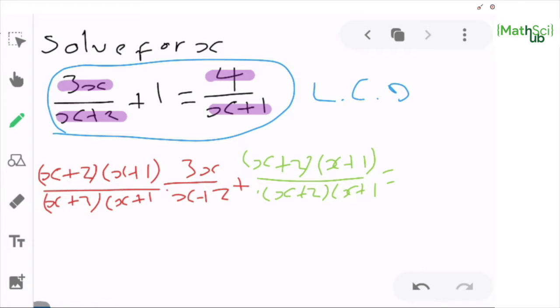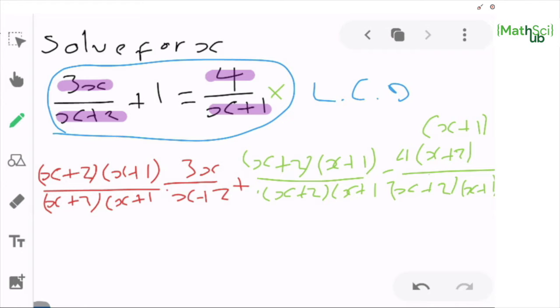Meaning we are going to multiply this as well: 4 times x plus 2, let me just write on top, x plus 1, all over x plus 2, x plus 1.